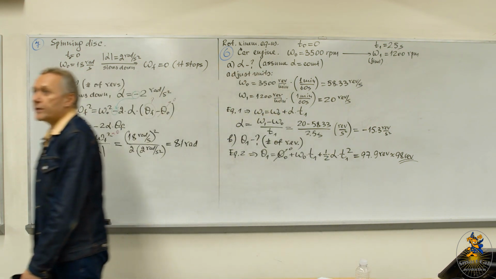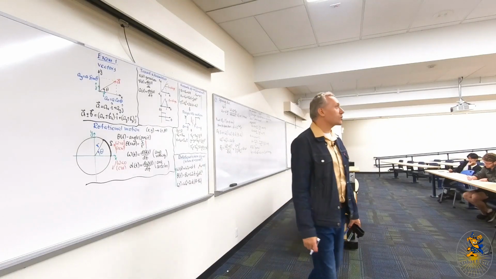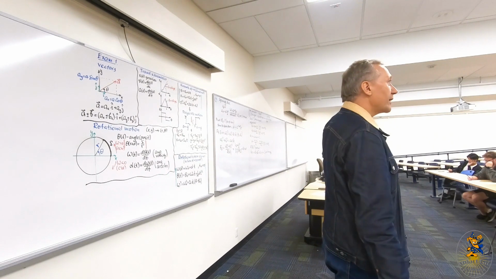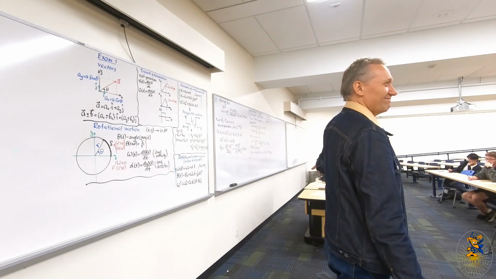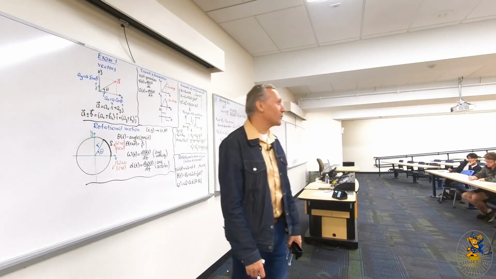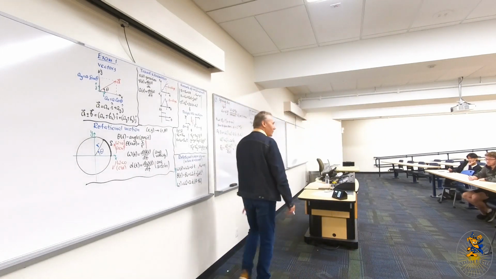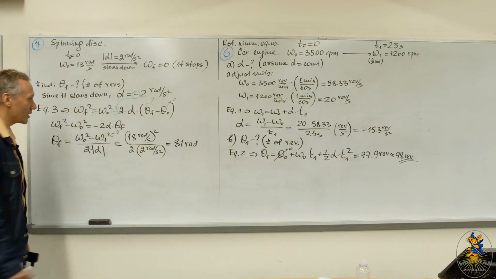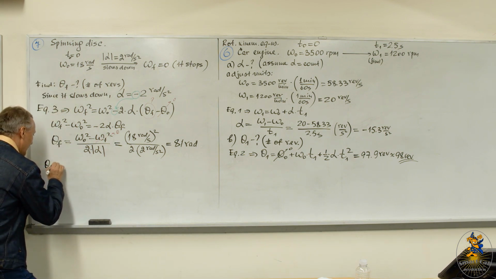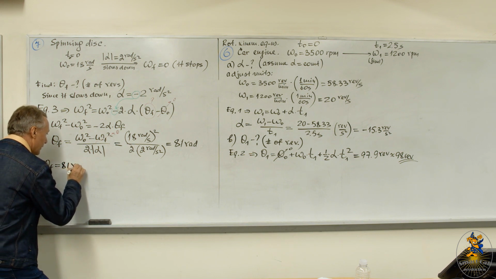In physics or mathematics, we use radians quite often. But if you tell me 81 radians, is it a lot or not? That's confusing. So at the end of the day, we will also prefer to convert it into revolutions. Much more convenient. So let's convert. Theta final equals 81 rads.